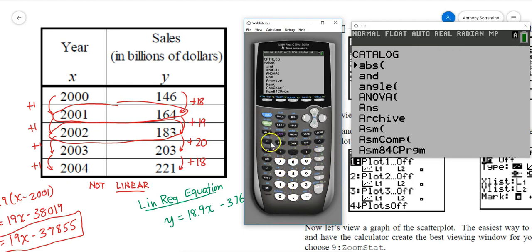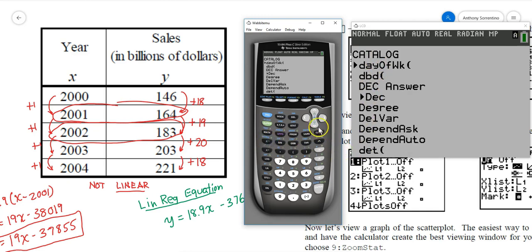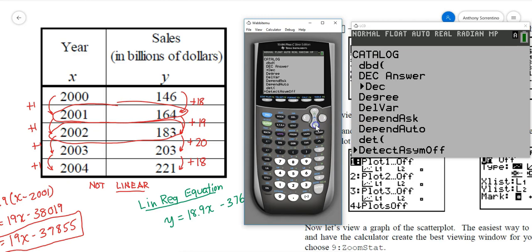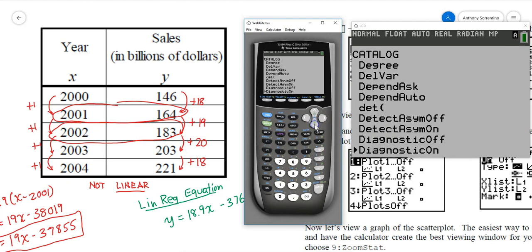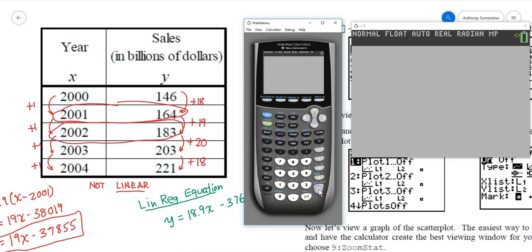You want to get under D's, so on the matrix you see the letter D here. That gets me into my D commands, and I want to go to diagnostics. It might take a little bit of scrolling, depending on your calculator. Make sure the diagnostics are turned on for this to work, and it should make those R's show up if they weren't showing up before.